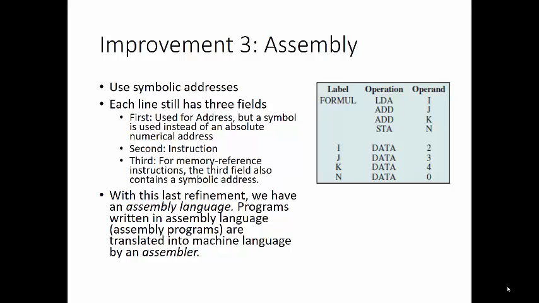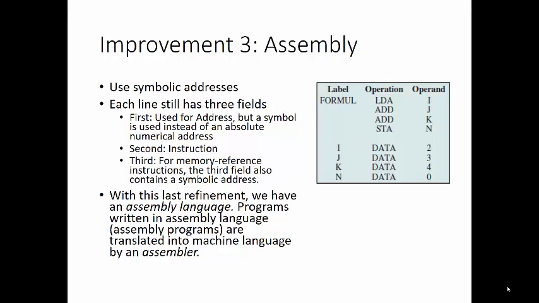The second field is the instruction, and the third, for a memory reference instruction, also contains a symbolic address. For example, in the first line, we have labeled it formula. We're loading the value of I into the accumulator, and then we'll go and find I. With this last refinement of symbolic addresses, we have an assembly language.